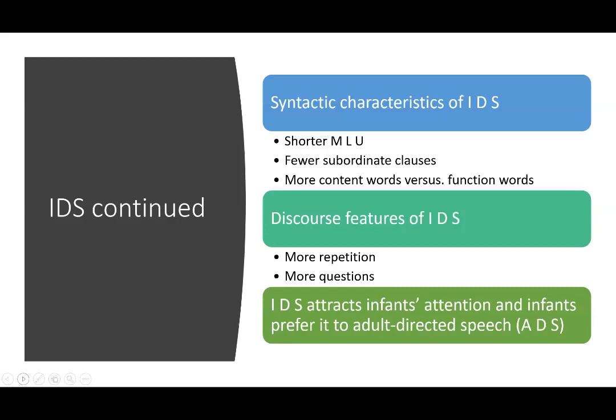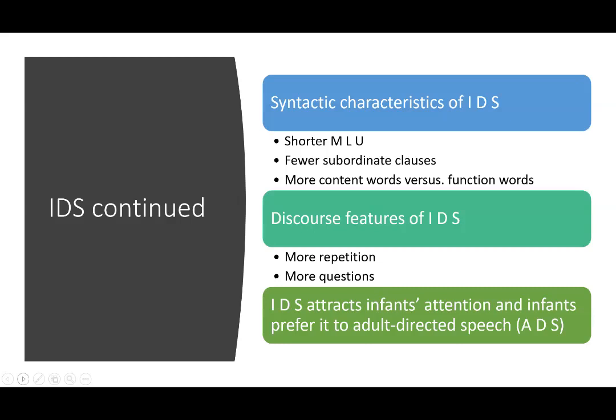So if I were to say, "Get ball now," you'd be able to figure out what I meant. It would be more grammatically appropriate to say, "Get the red ball now," but you wouldn't necessarily need the function words in order to know which ball I needed you to get.